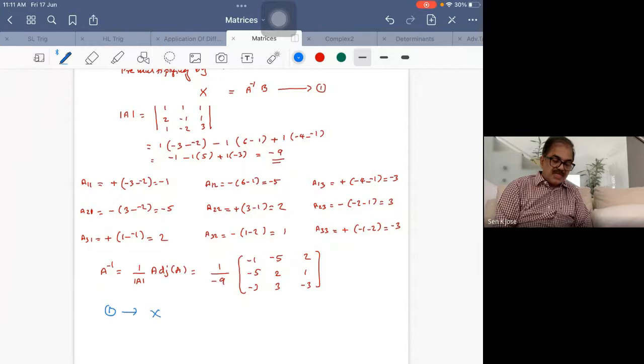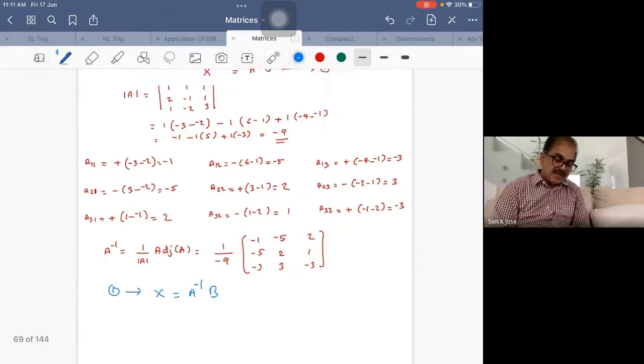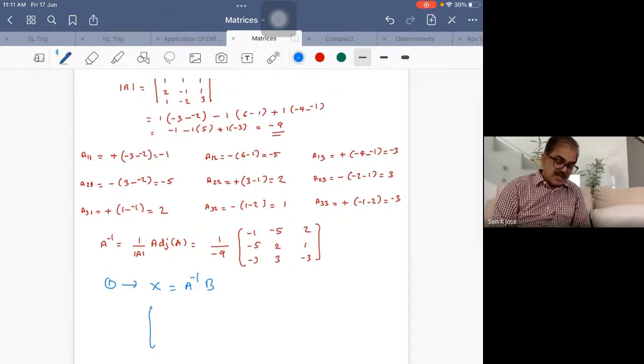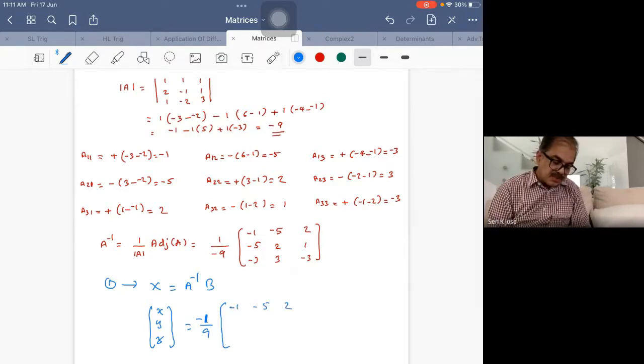Now you should go back to equation number 1. Equation number 1 says X is equal to A inverse into B. So x, y, z is equal to A inverse, which is minus 1 by 9 into the matrix minus 1, minus 5, 2; minus 5, 2, 1; minus 3, 3, minus 3, into B. What is B?